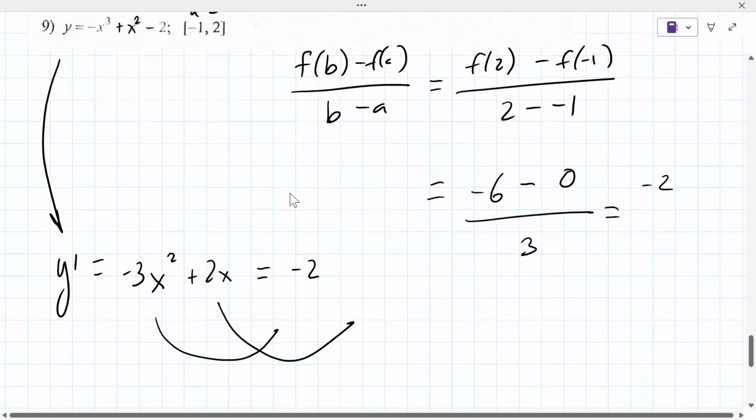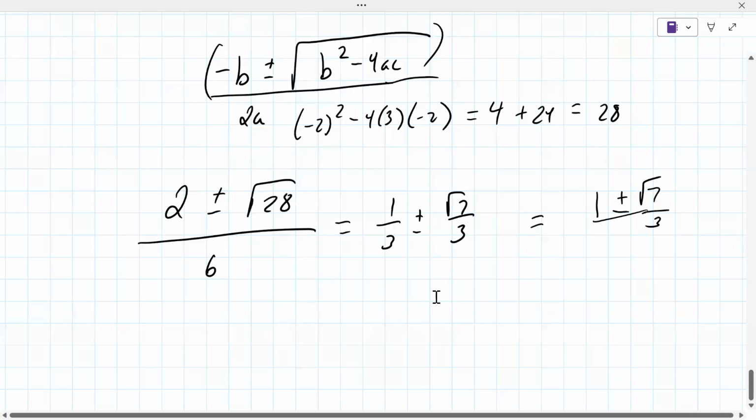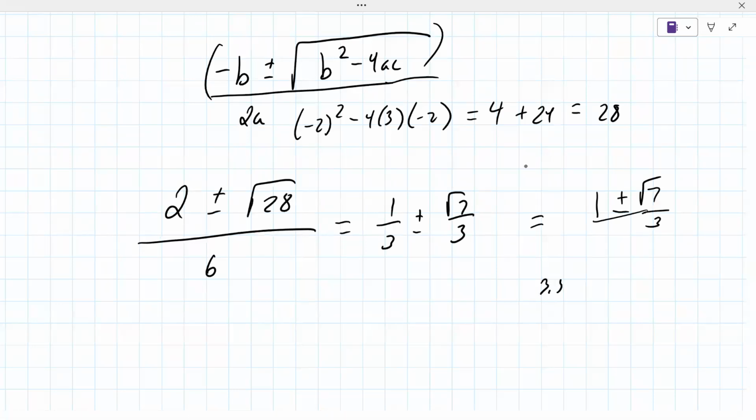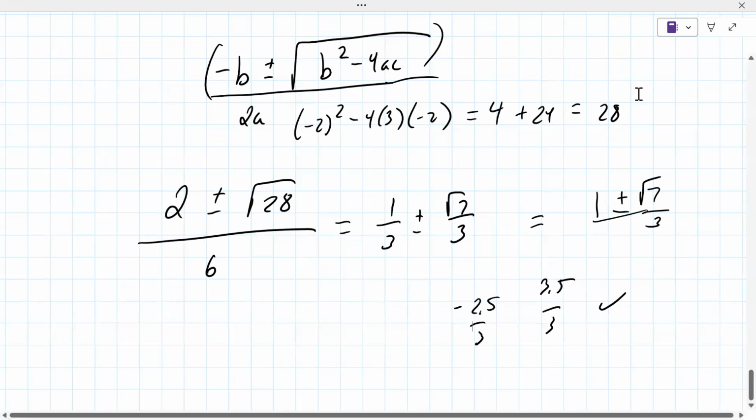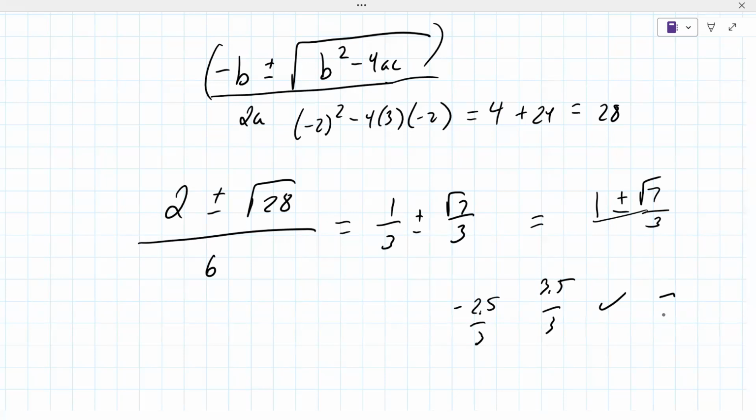The square root of 7 is between 2 and 3, so we'll call it 2.5. So it's either 3.5 over 3, which is good, or negative 2.5 over 3, which is also good. Actually, they're both in the interval from -1 to 2.